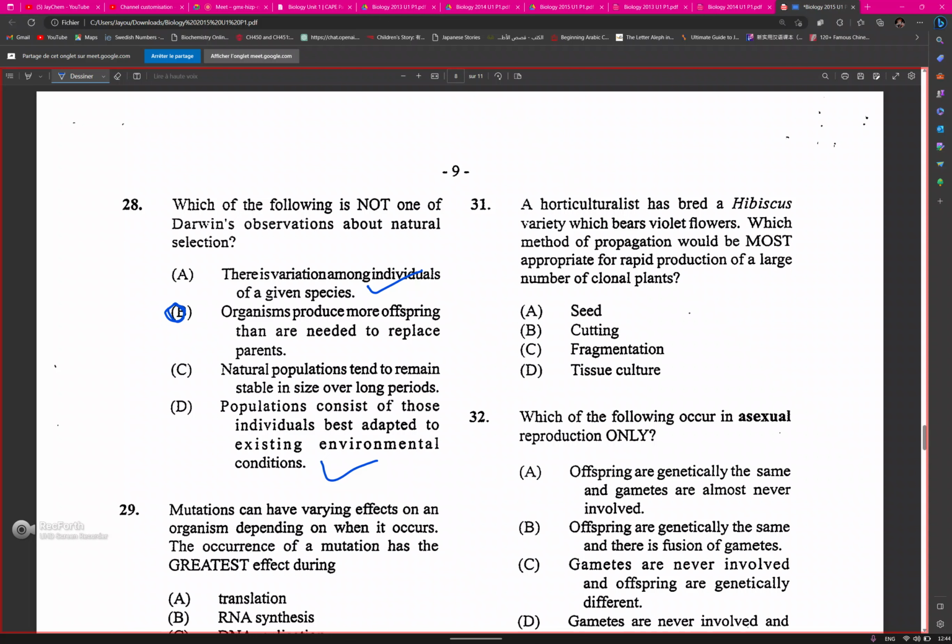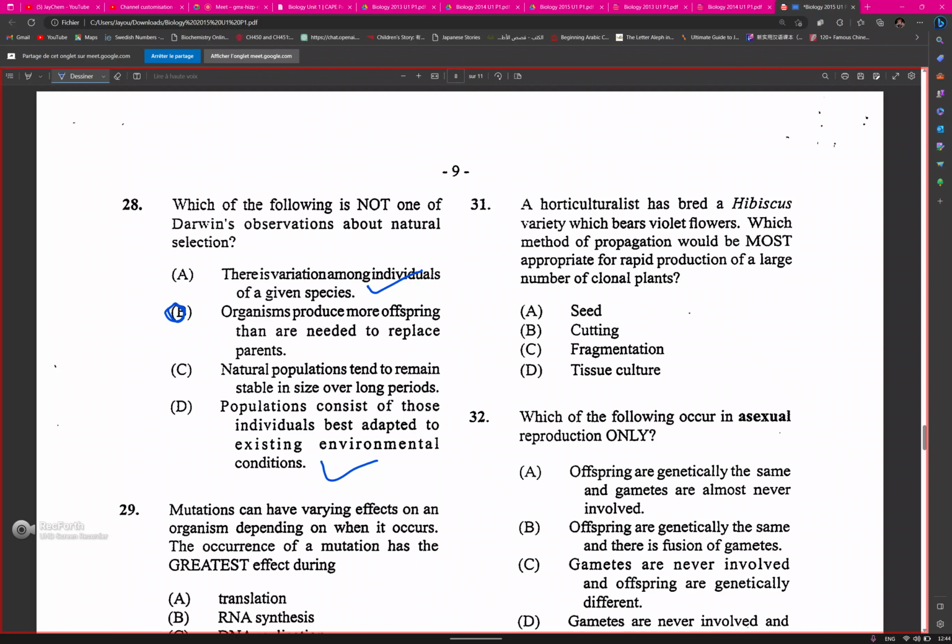It should remain stable over time. For organisms producing more than they need from their parents, I don't think that specifically speaks to his theory of natural selection. It is something that he observed, but does it speak to the fact that genetic differences occur within sexual or reproducing organisms, to produce organisms that may or may not be better adapted for their environment, or for their niche?